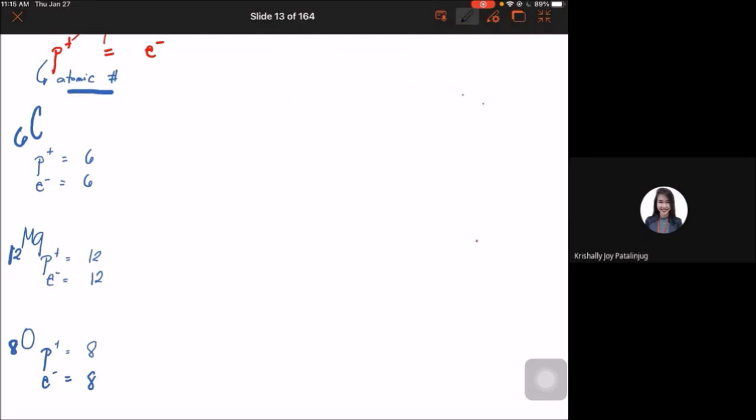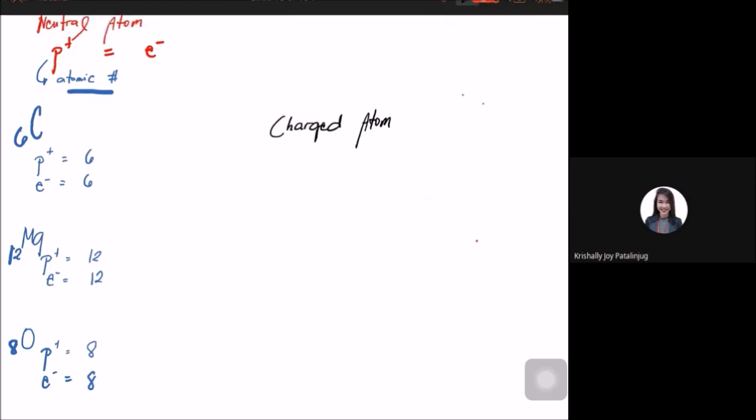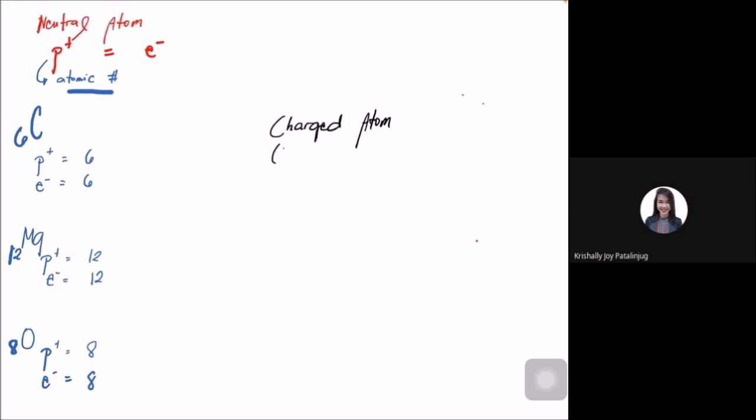Now, what if the given atom is already a charged atom? Meaning to say, the elemental symbol of an element already has either a positive or a negative charge. Whenever that atom or element carries a positive charge, that means it loses electrons.